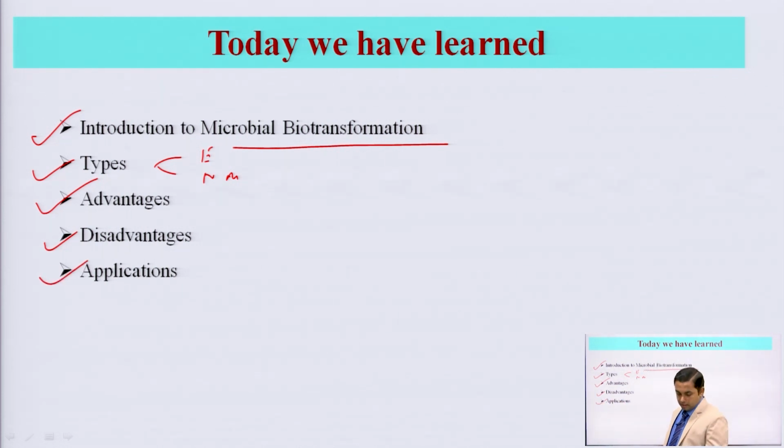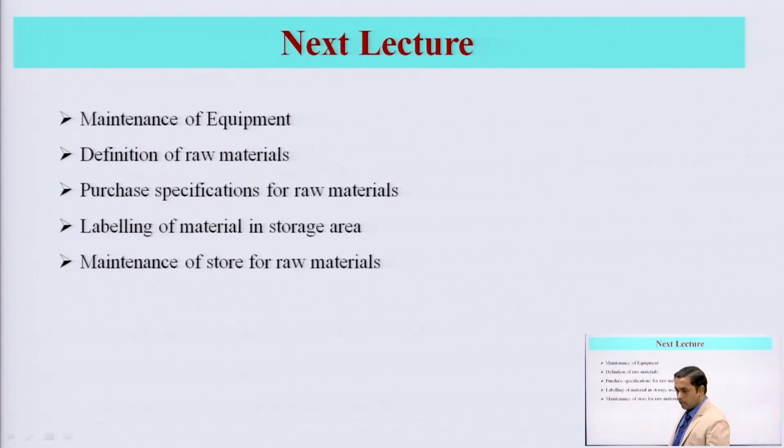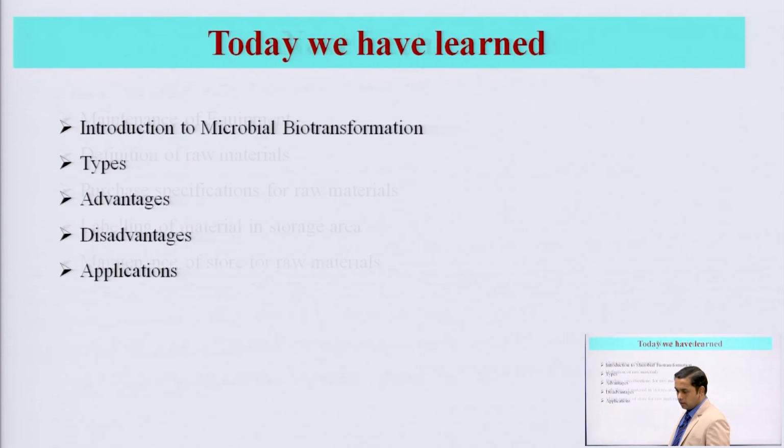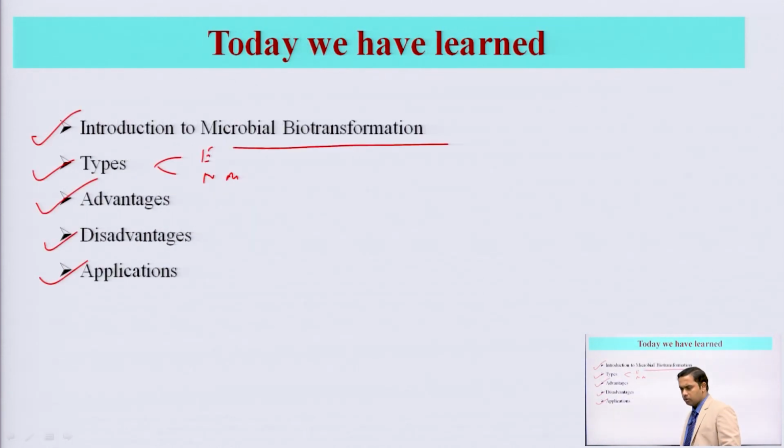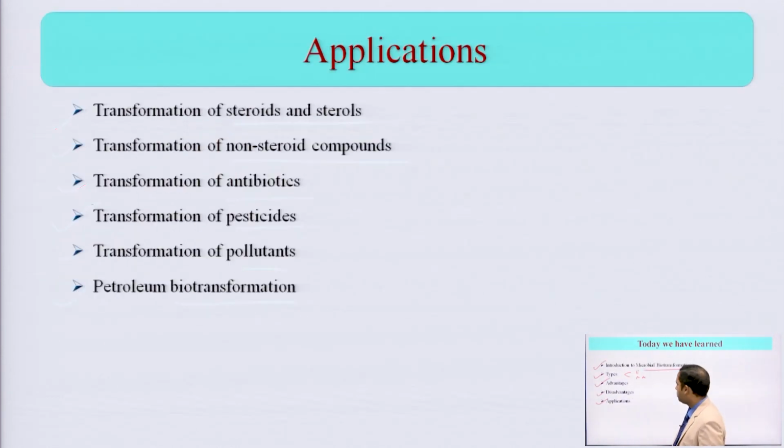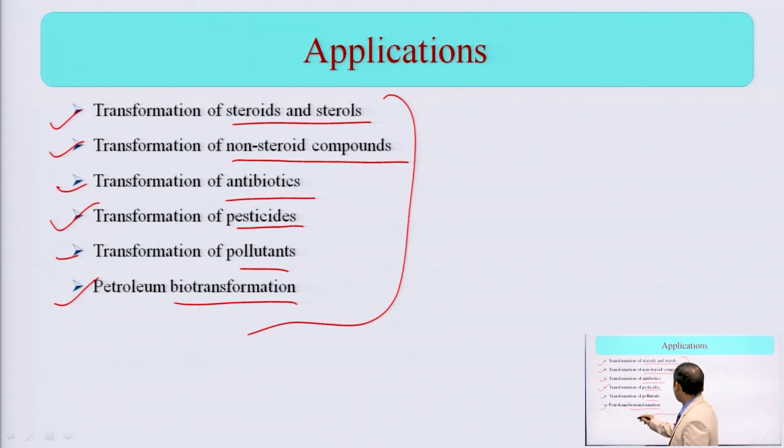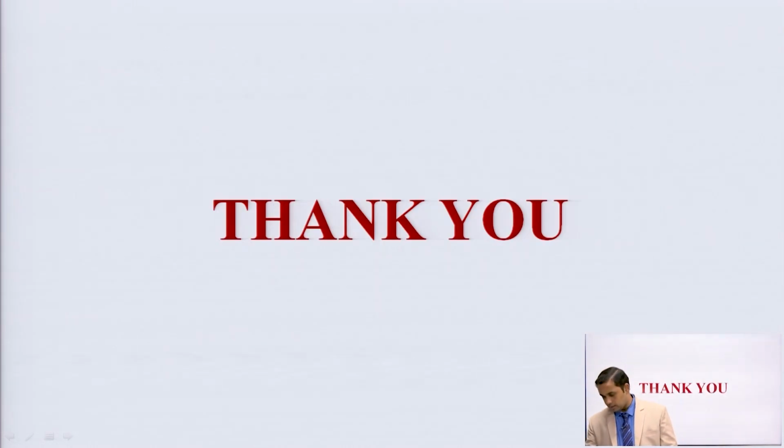In my next lecture I am going to tell you more about the applications, how we can use those substances, how we can transform something to get our desired product, or transform these substances into another product. So, all these things we are going to learn in our next lecture.